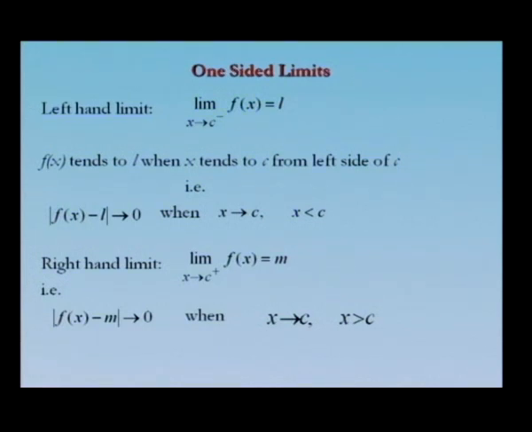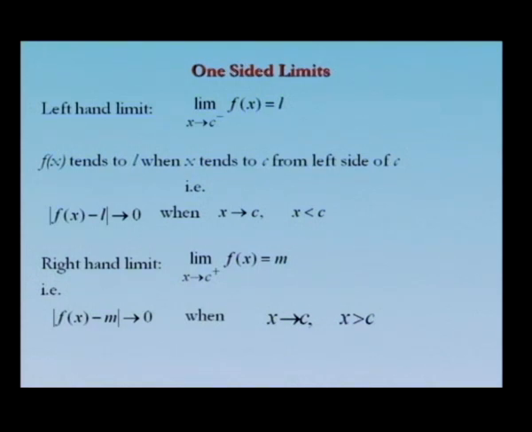When x is reaching towards c from the left hand side, and if f is reaching some number L, then we say that L is the left hand limit of f at c. It means that the difference between f(x) and L is reaching 0 when x is reaching c from the left side.